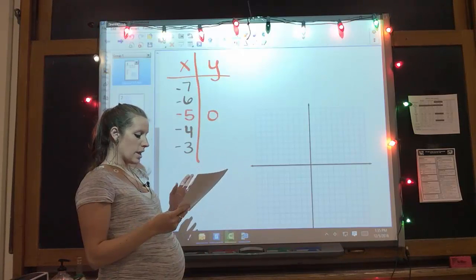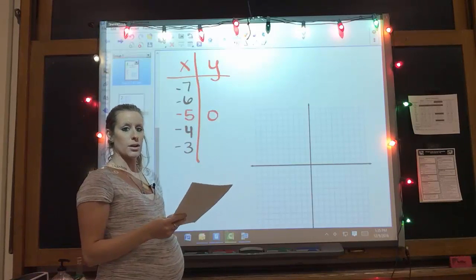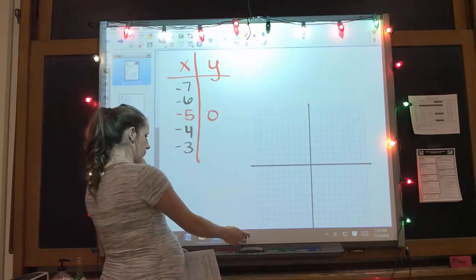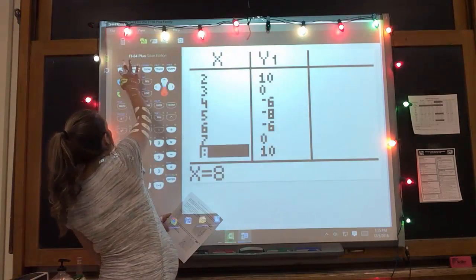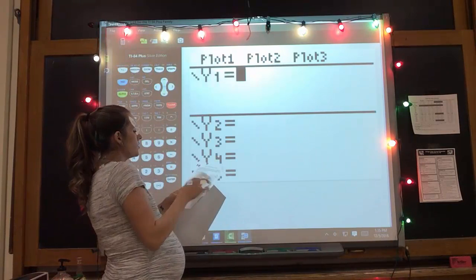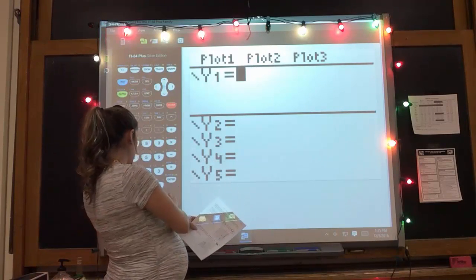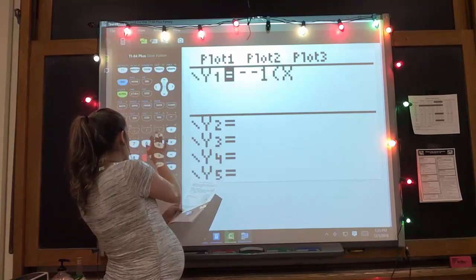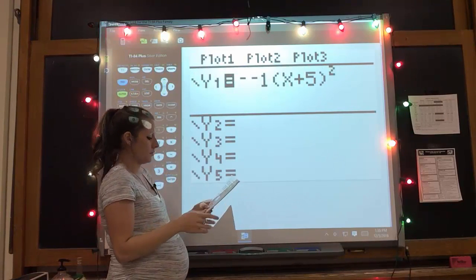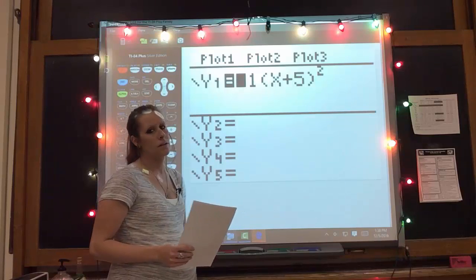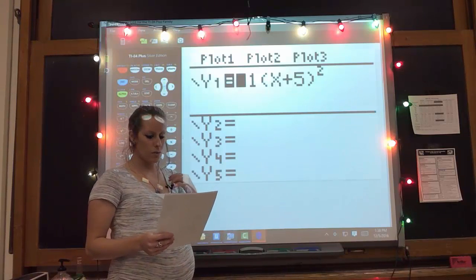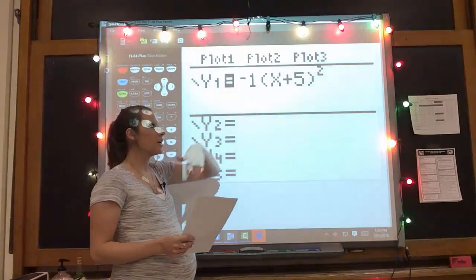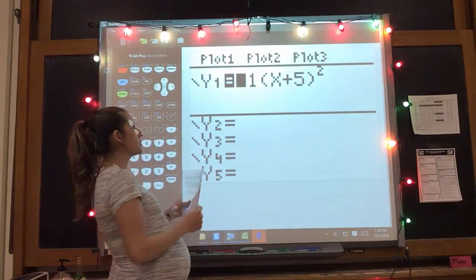And I would let the calculator do the rest of the work on this. Go to y equals. We're going to change our equation to negative 1 times (x plus 5) squared. Once you have it in your equation, you're going to go to your table and find some points.